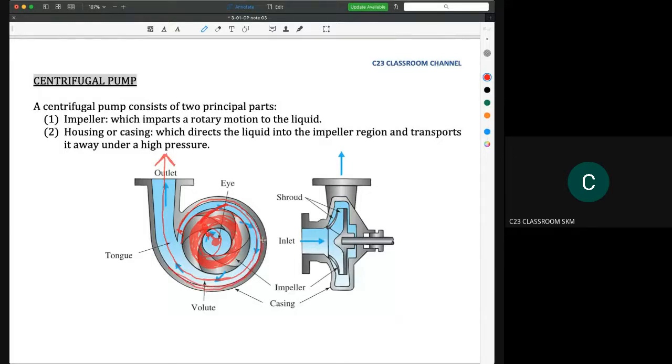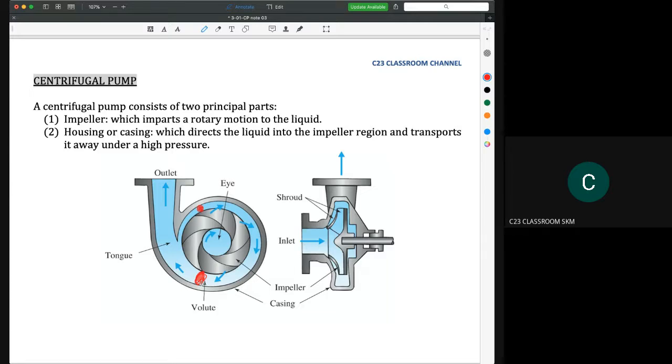If you see the picture here, you will find that the area is different. It is a small cross-section area of the volute at the top, but the cross-section area becomes bigger at the bottom. It is purposely designed like this. Why?